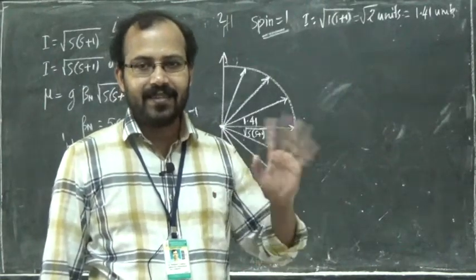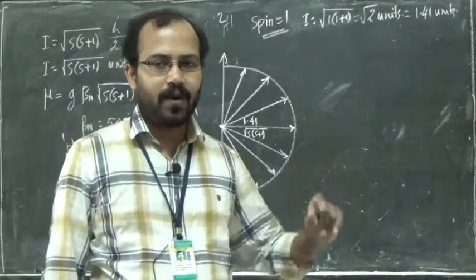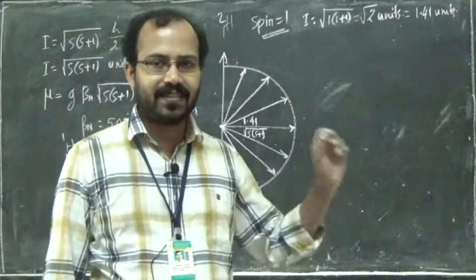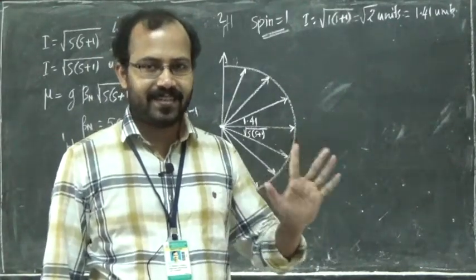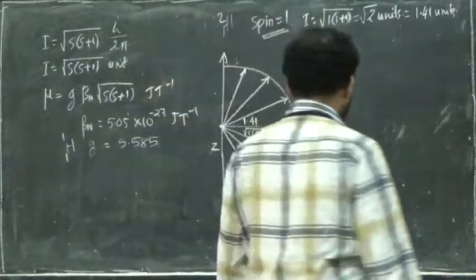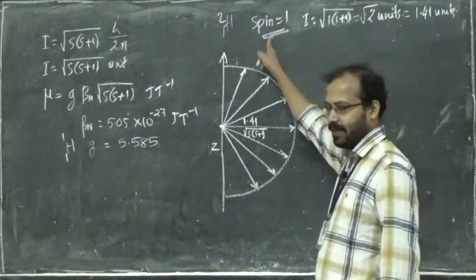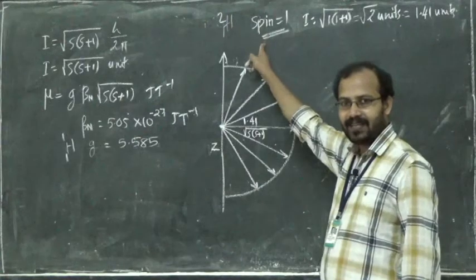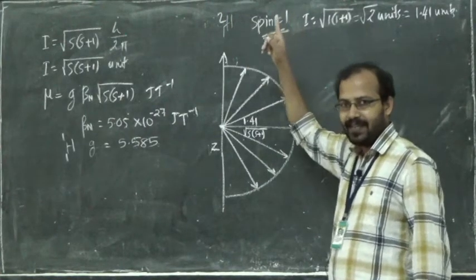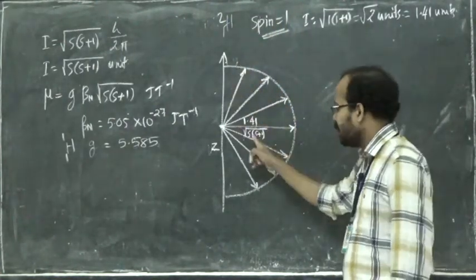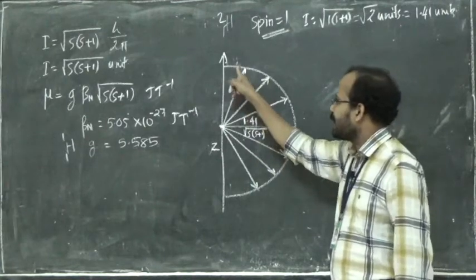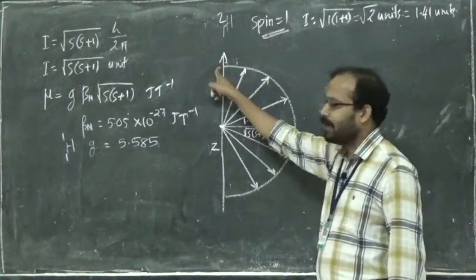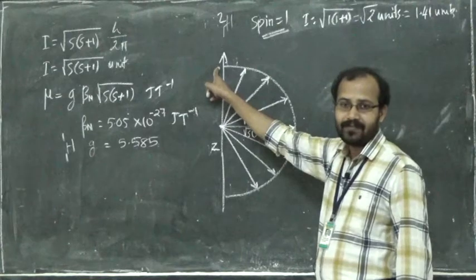But here there is a problem, that quantum mechanics places a restriction. The restriction is that since the spin is an integer number, since it has an integral spin, quantum mechanics says that you have to look into the component of the angular momentum in the reference direction.